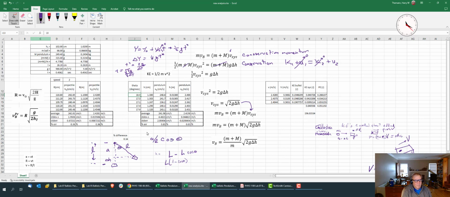And remember I said earlier that L equals A plus delta H. So that tells me that delta H equals L minus A. And this next expression with the cosine tells me that A equals L cosine of theta. I just want to get out of my way this old notation.